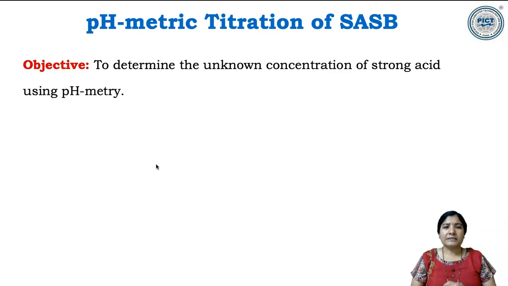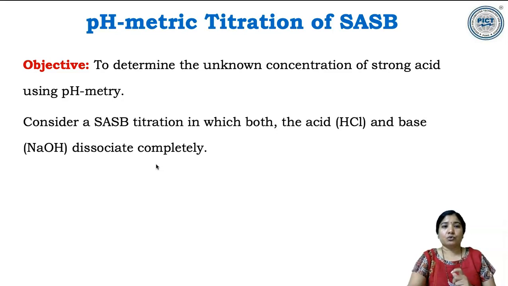So let us consider one example wherein we'll keep our objective as to determine the unknown concentration of strong acid using pH metry. Consider the example of HCl and NaOH, because HCl is a strong acid and NaOH is a strong base, and since they are strong acid and strong base, both will get dissociated completely.